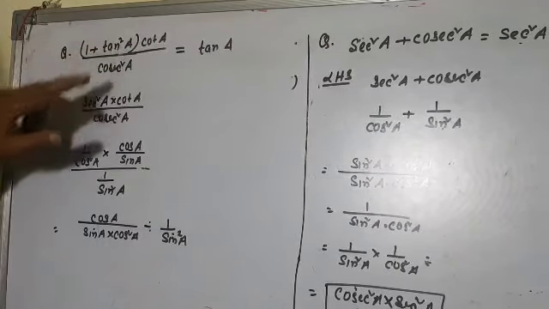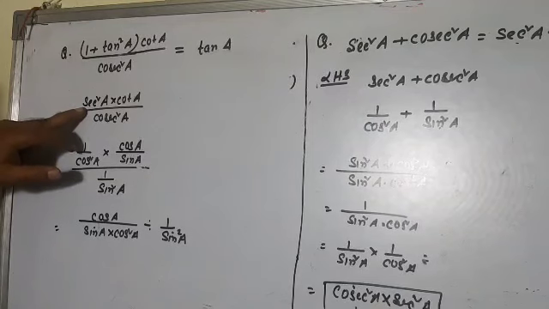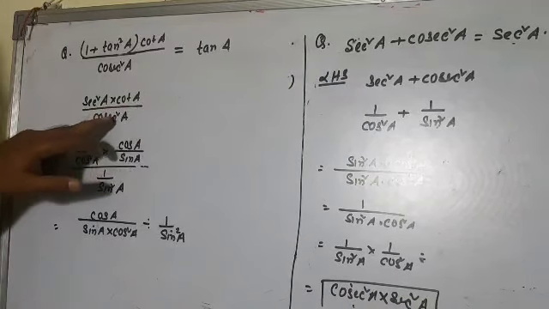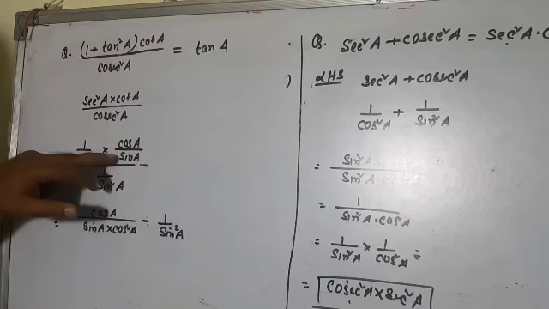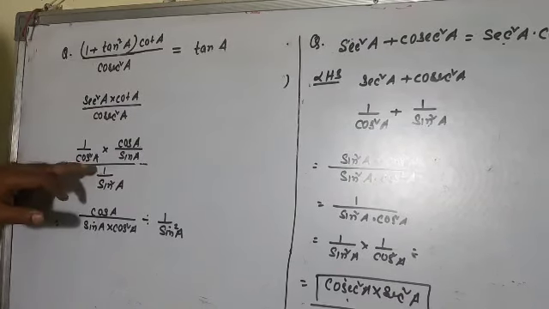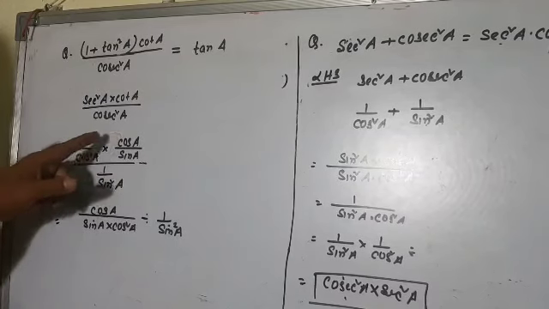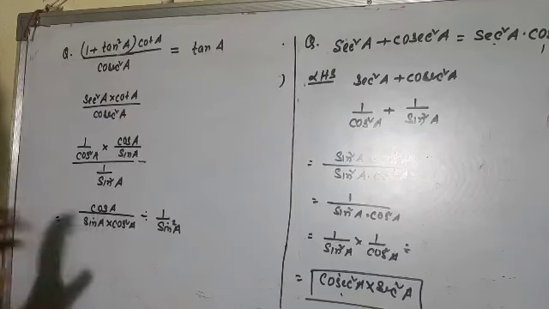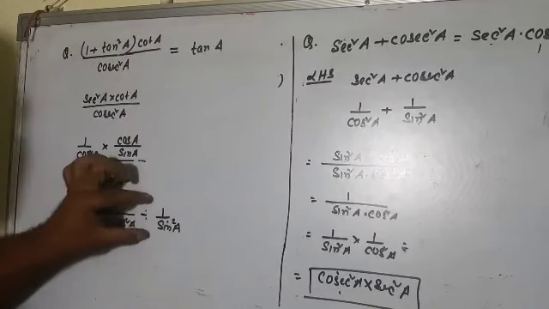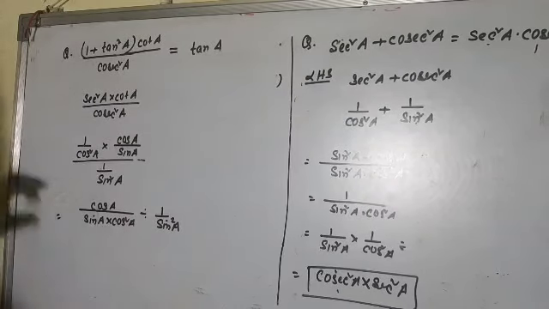So 1 plus tan square a is sec square a. I simply change one part into cot a by cosec square a. This cot a we can say cos a by sin a, and this cosec square a we can say 1 by sin square a. So 1 into cos a is cos a, cos square a into sin a, I write just like this, and this one is divide, so I have a divide sign. So now it is reciprocal.